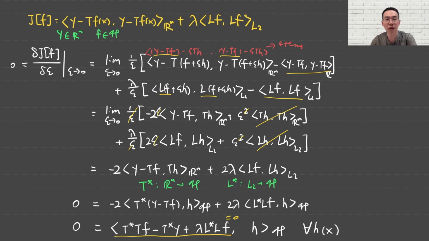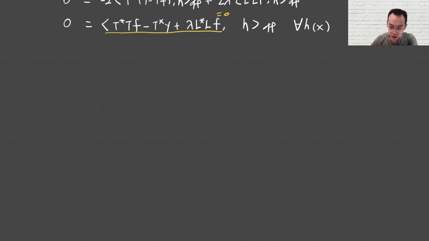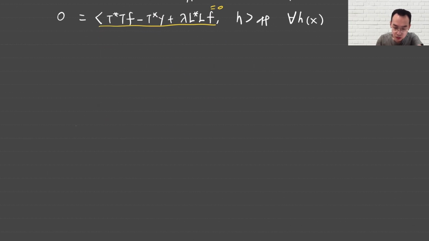So this is just going to give us a normal equation. And let me just write that out clearly. Just scroll this down. Okay. So we'll have (T star T plus lambda L star L) acting on f equals T star y.